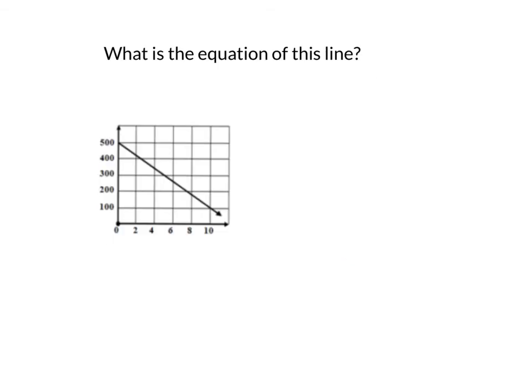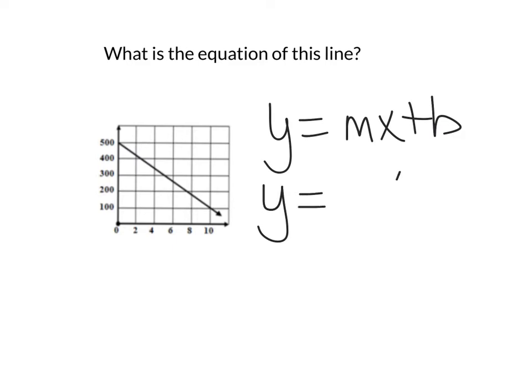So I want to know what's the equation of this line. Again, we're looking at y equals mx plus b. That's what we're writing this in. Now, what we do know is that two things will always be constant in these equations: the y equals and the x. What's going to be different depends on the situation: what do we get for m and what do we get for b?